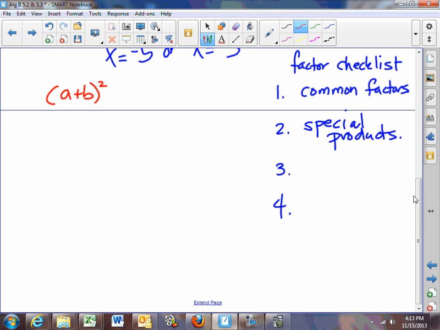See, (a plus b) squared is actually telling you to use (a plus b) as a factor twice. In other words, (a plus b) times (a plus b).